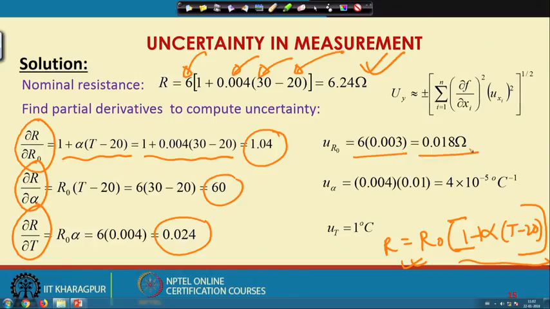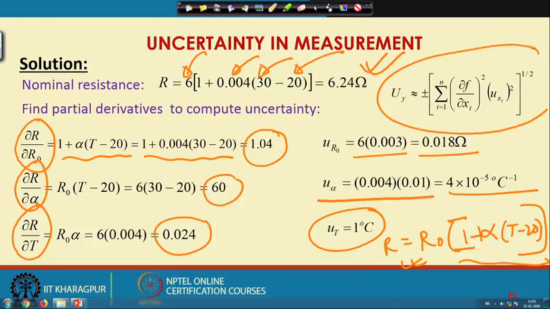Similarly, uncertainty in alpha was expressed as 0.004 plus minus 0.1%. So, you compute this value as this. Measurement of temperature is given as plus minus 1 degree Celsius. So, all these uncertainties are known, and now you have to make use of this equation to compute the overall uncertainty.